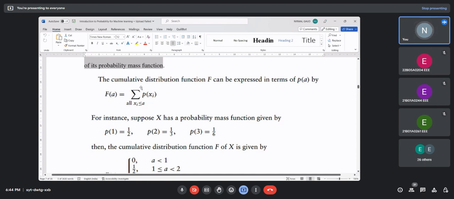That means the cumulative distribution function can be expressed in terms of p(a) by giving the summation of all p(xi) for xi less than or equal to a.